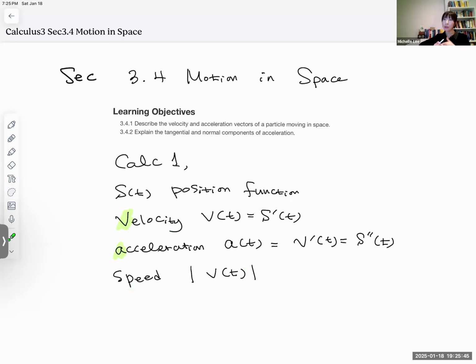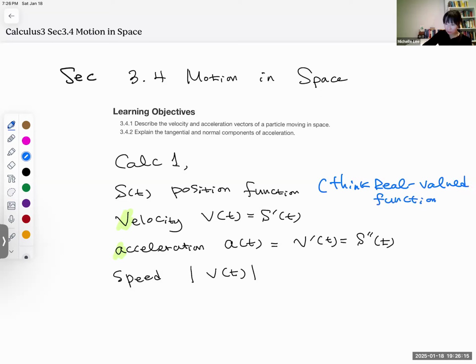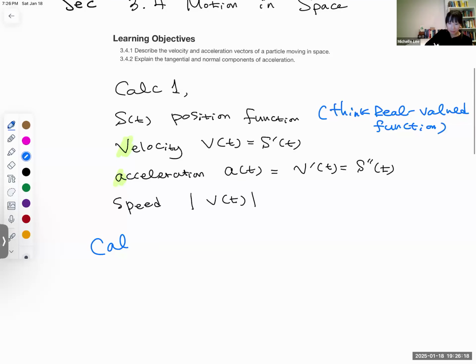How about Calculus 3? How do you indicate the velocity, acceleration, and speed? In Calculus 3, we are using vector valued functions. In Calculus 1 we called it just a real valued function. In Calculus 3 we have a vector valued function.